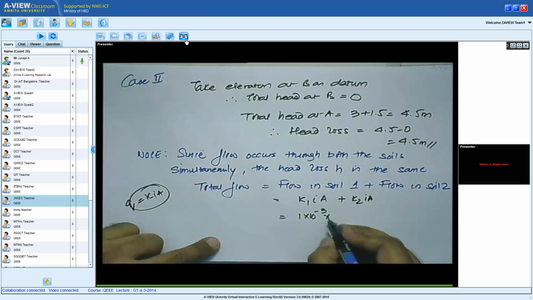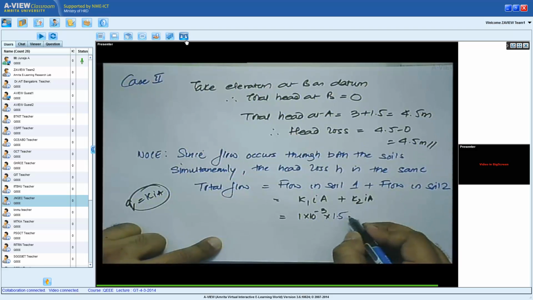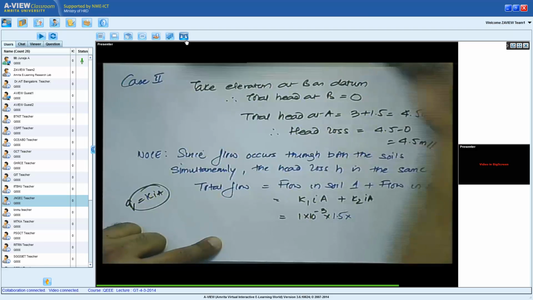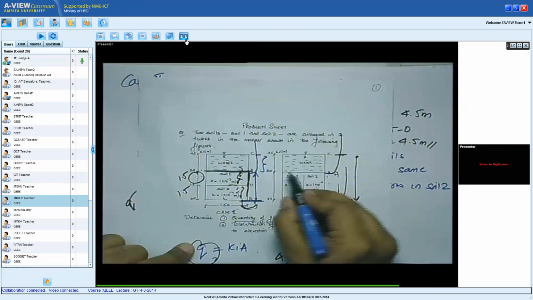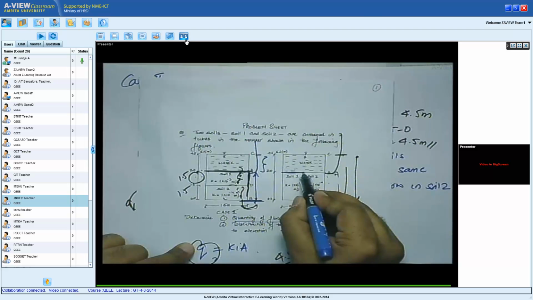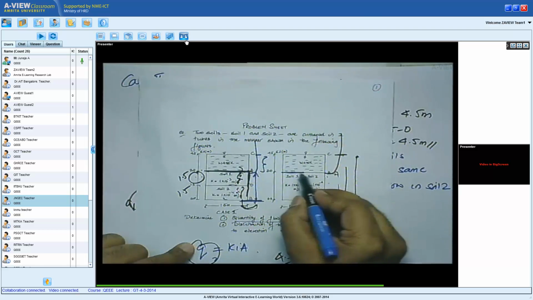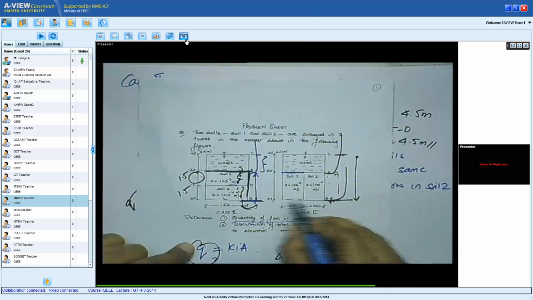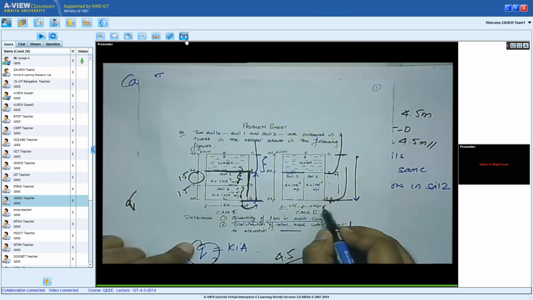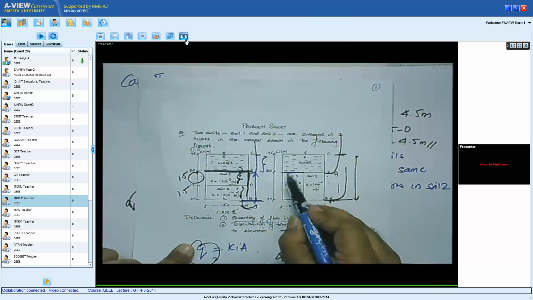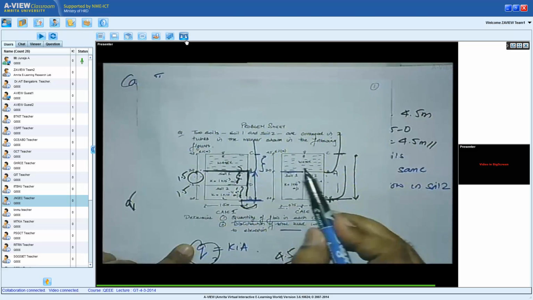Apologize. Let me bring back the sheet. So Q equals to K1, that's 1 into 10 to the power minus 3, times I, which is again 1.5. Area, let me just zap this figure again. The area is this length times the unit dimension which comes out and hits you. This total thing is 1.5 meter, split into 2, 0.75 and 0.75. So area would be 0.75 times the unit length.